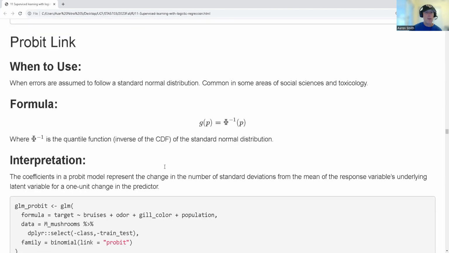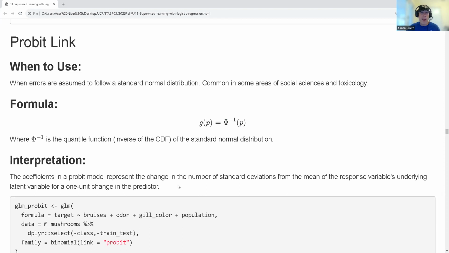Now the probit link, this is connected to the normal distribution. And so you'll see that in the formula here, I have the inverse of the normal distribution involved. This is the quantile function for the standard normal. All right. And so in my experience, social scientists and economists like the probit link.